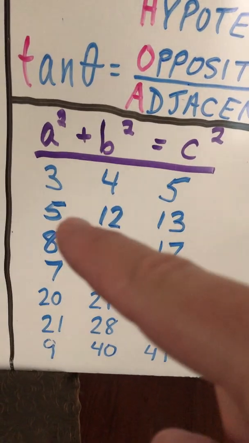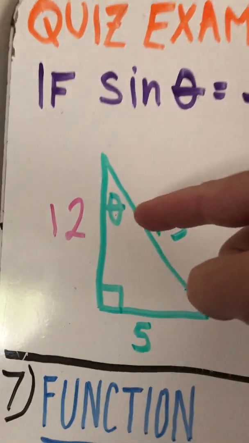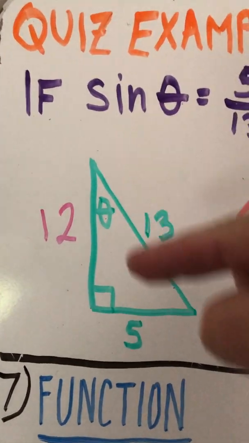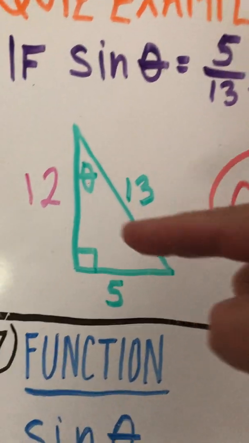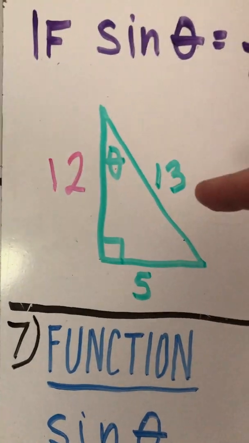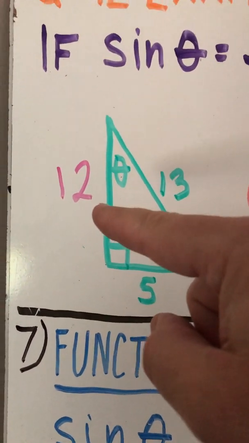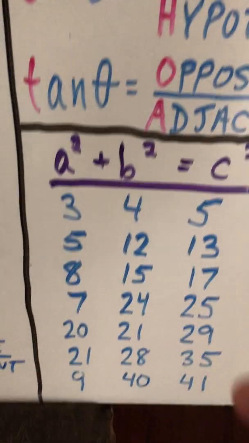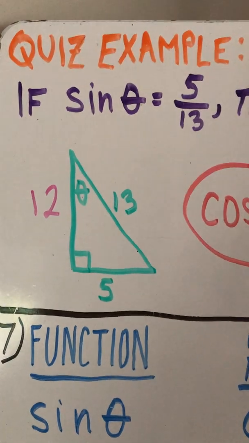Sine, remember, is opposite over hypotenuse. So if sine is 5 over 13, that means this is 5 and this is 13. Well, the other side has to be 12. Why? Because I had you write that down. 5, 12, and 13. That's the other number that fits there.